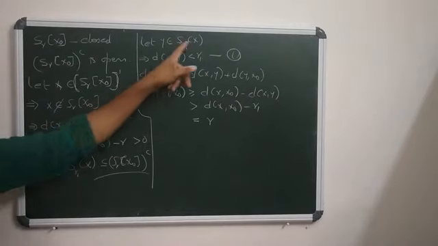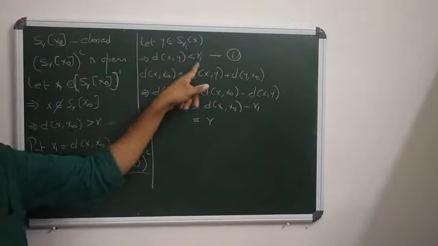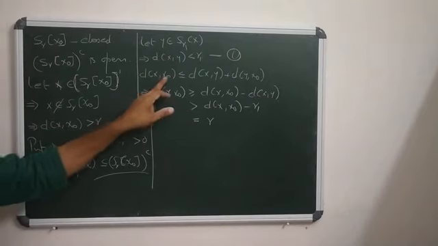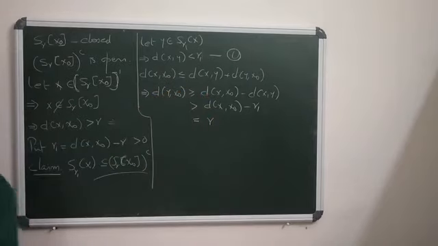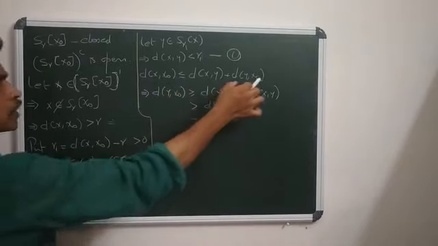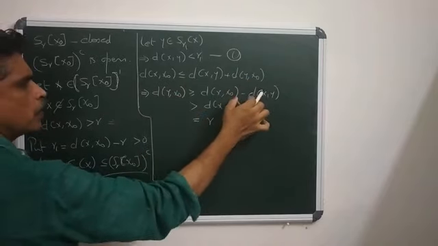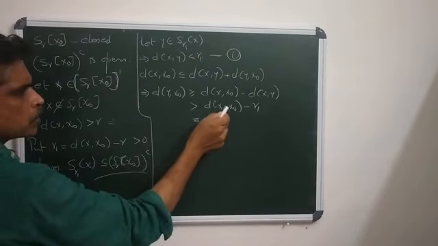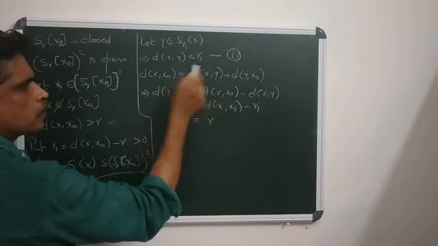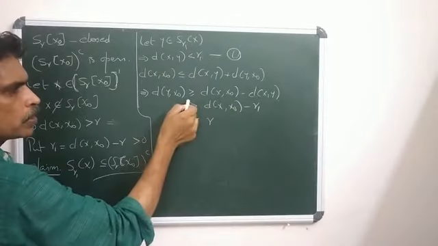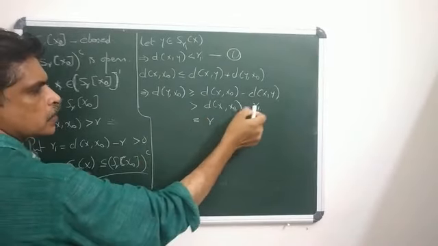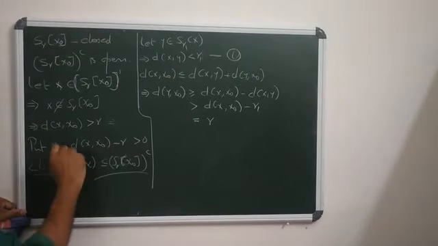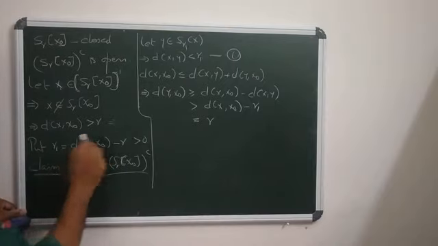Listen, y falls in S_r1(x), that means d(x, y) is strictly less than r1. Now by the triangle inequality, d(x, x0) is less than or equal to d(x, y) plus d(y, x0), so d(y, x0) is greater than or equal to d(x, x0) minus d(x, y). Since d(x, y) is strictly less than r1, it is strictly greater than d(x, x0) minus r1. But d(x, x0) minus r1 is r.